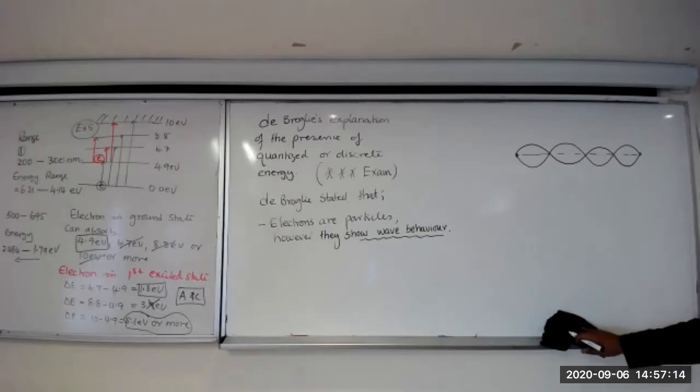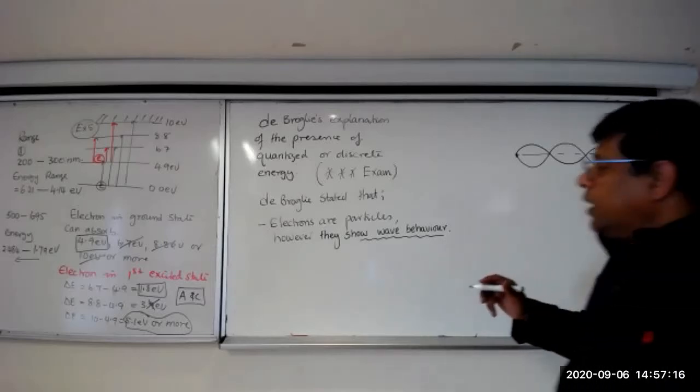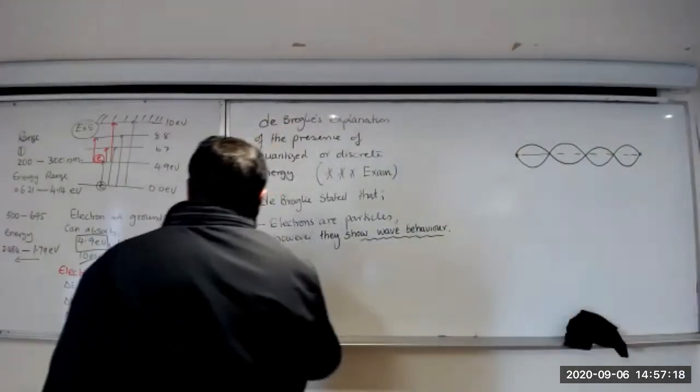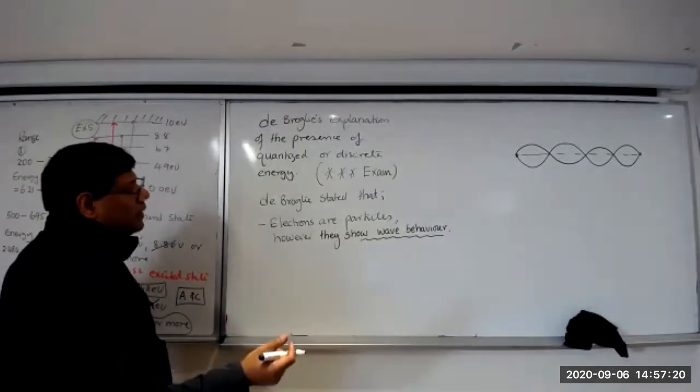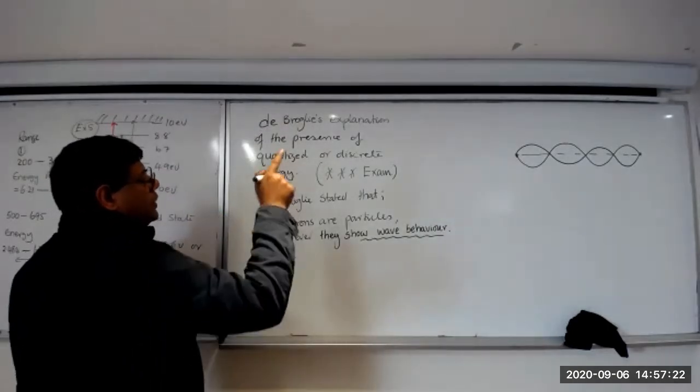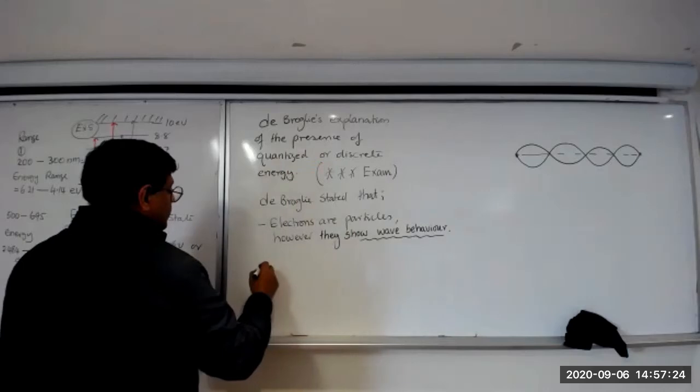He was saying that the only way that an electron can occupy and sustain an energy level is if they produce standing waves, because they are waves.